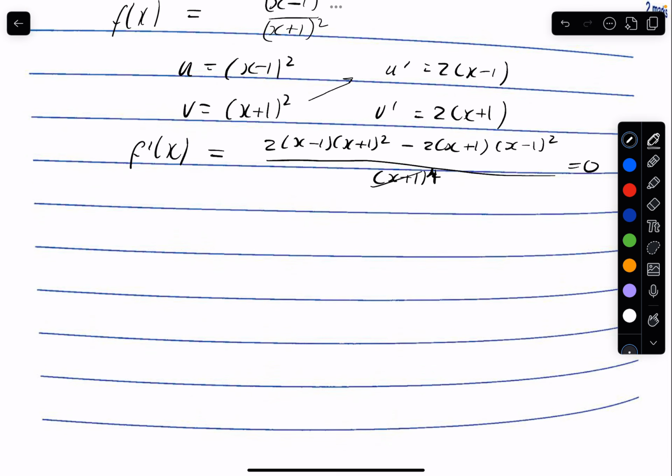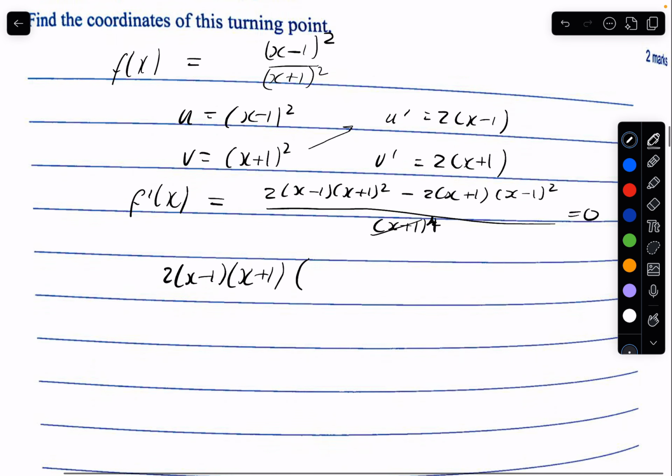We can take 2 times x minus 1, x plus 1 as a common factor. And then what's left is just one more x plus 1 here. And over here, we've got just 1 x minus 1.